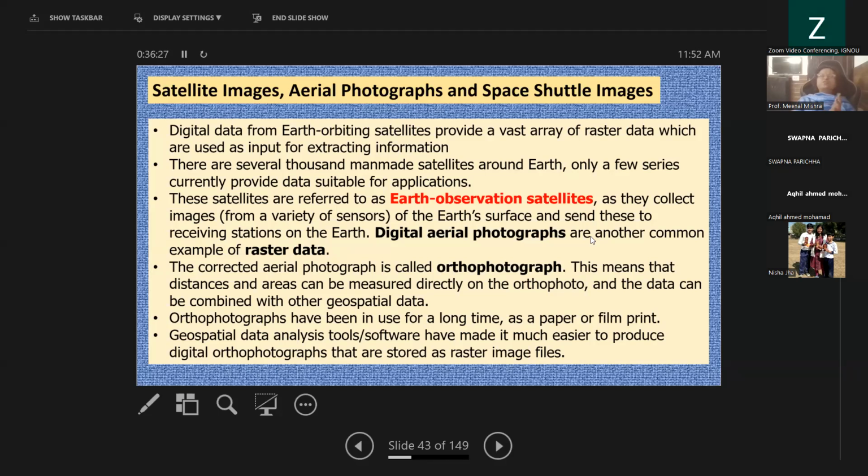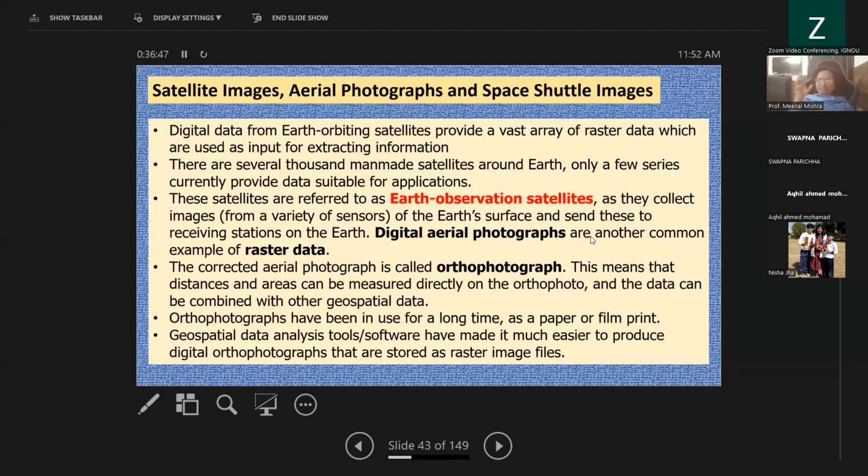There are thousands of man-made satellites going around the Earth, and they provide data for various applications. These satellites are known as Earth observation satellites. Continuously, they collect images from a variety of sensors.